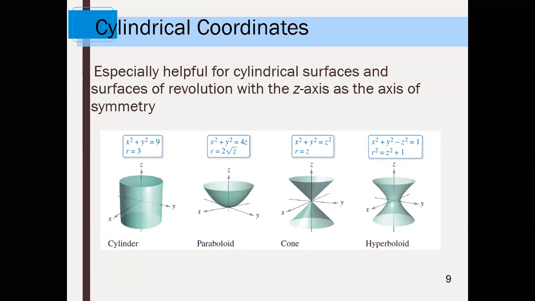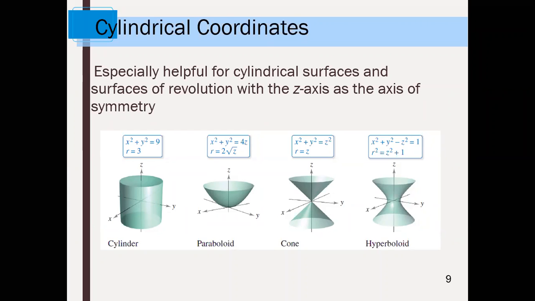Some other things, x squared plus y squared equals 4z. That's a so-called elliptic paraboloid, sometimes just called a paraboloid. And if you replace x squared plus y squared with r squared, you get the second equation there.